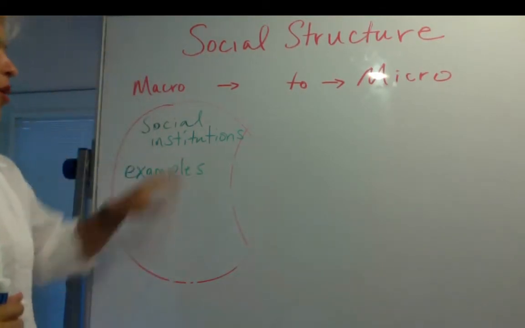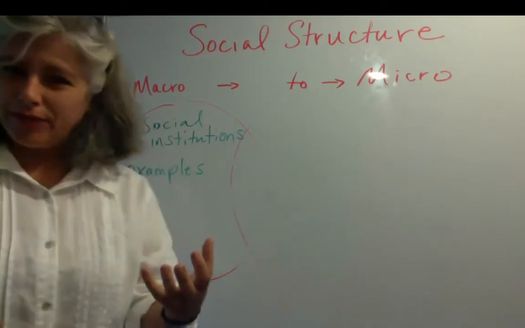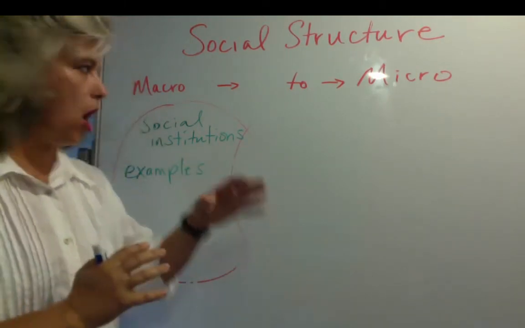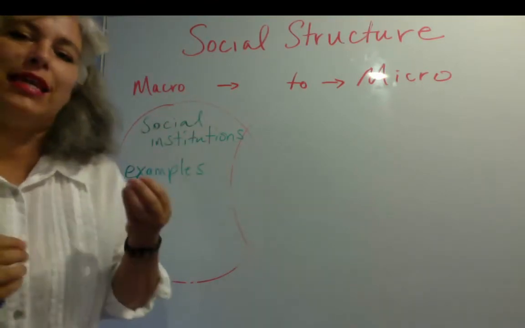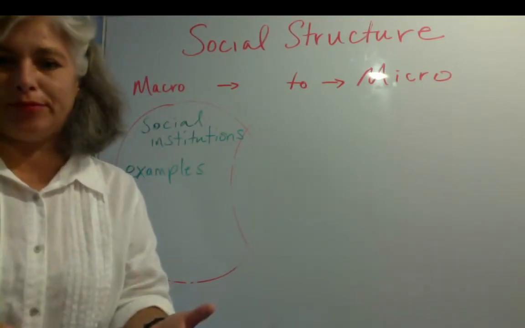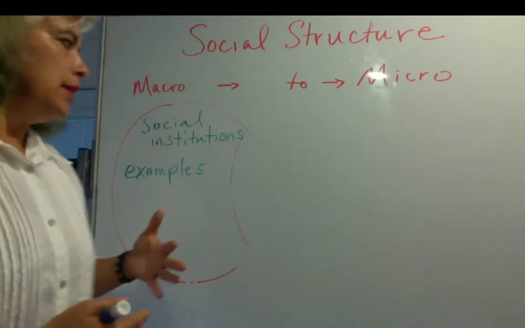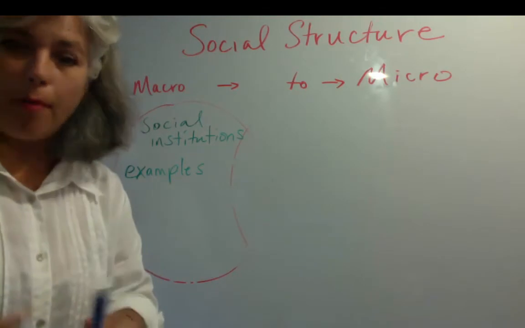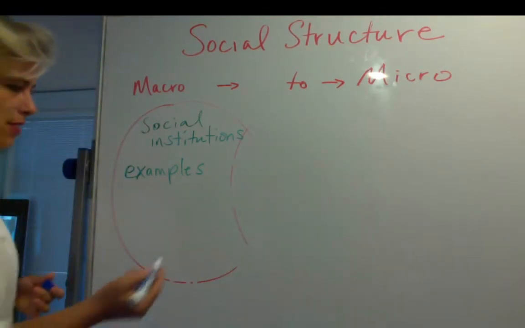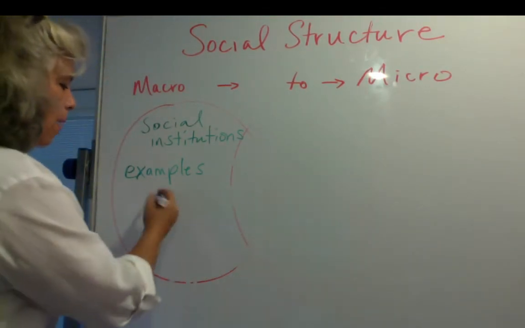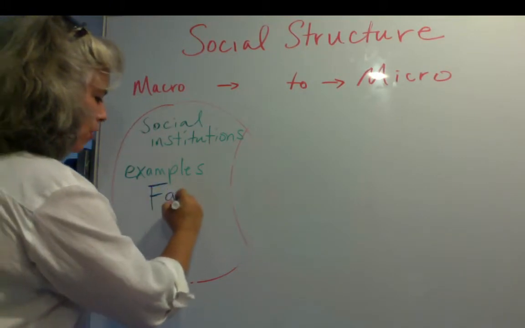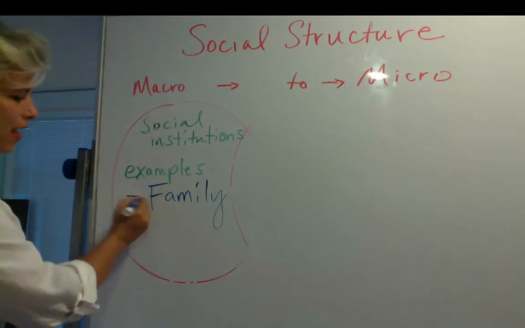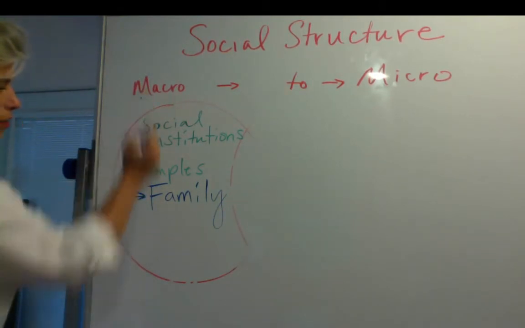Okay, so social institutions are beliefs and ideas about how things should be done on the macro scale to take care of the needs a population of people have. So, for instance, I think I've mentioned in at least some of the classes that I've had face-to-face with you so far, that a major example that all of us can look at as a social institution is a concept, a macro scale concept.